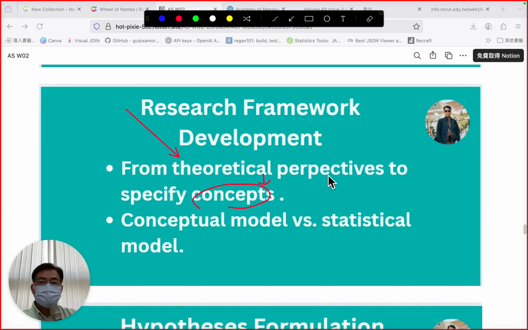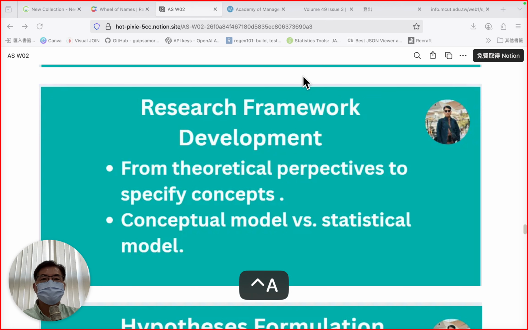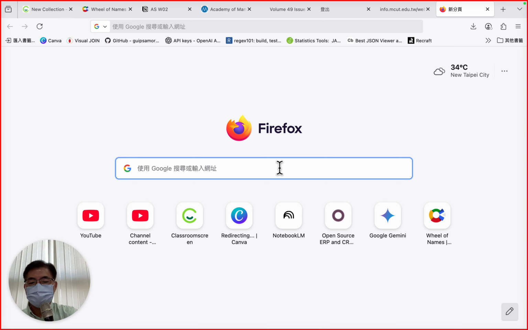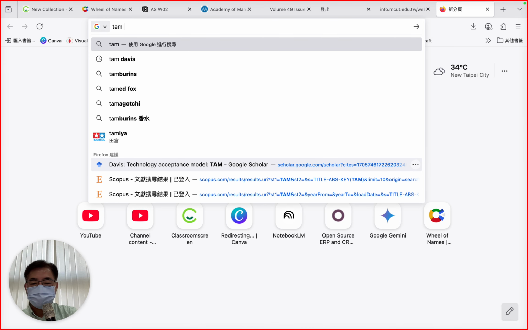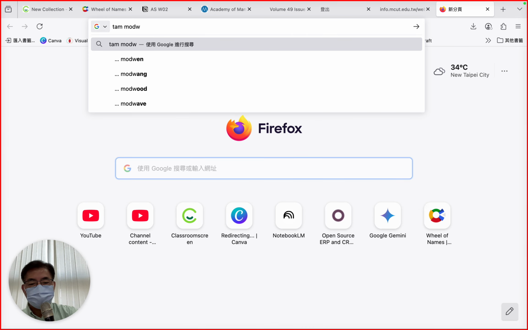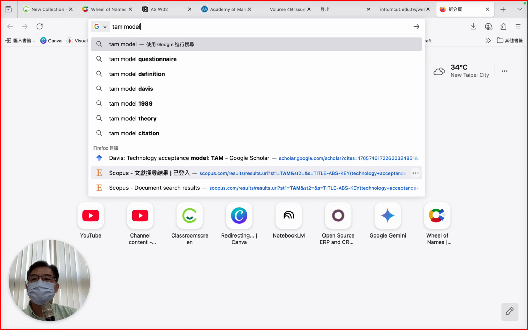Let me make an example. Maybe I can quickly search TAM for you. Just here. TAM model. Some people call it theory, TAM theory.